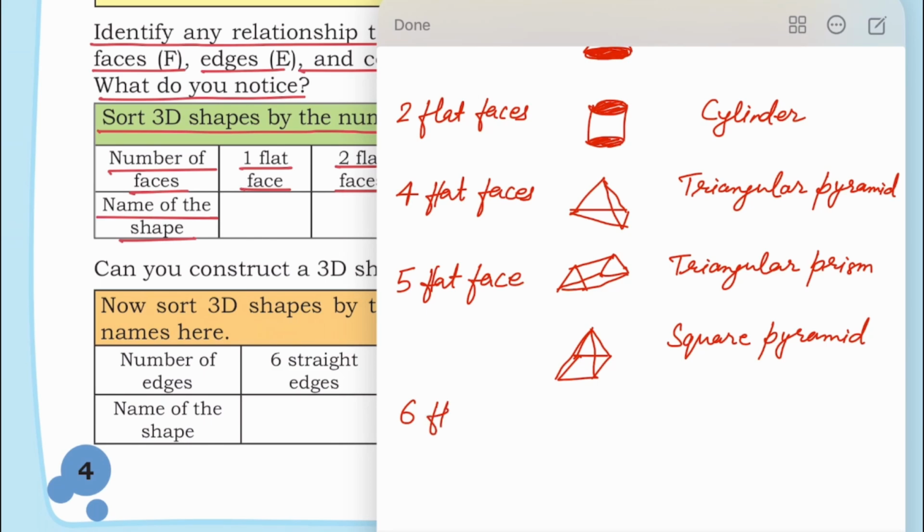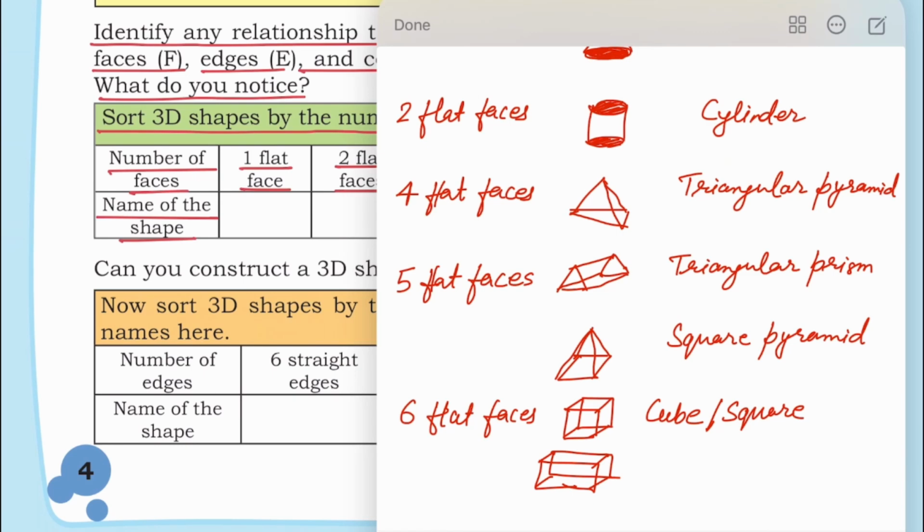Six flat faces. You can draw cube or cuboid. Cube is a square prism and cuboid is a rectangular prism.